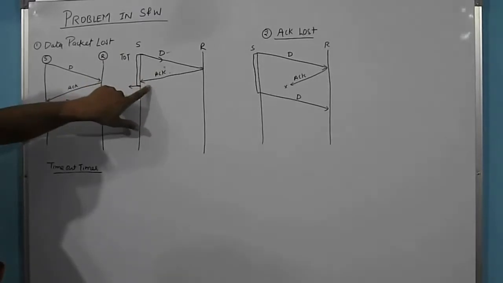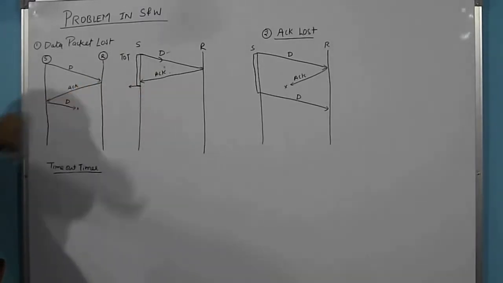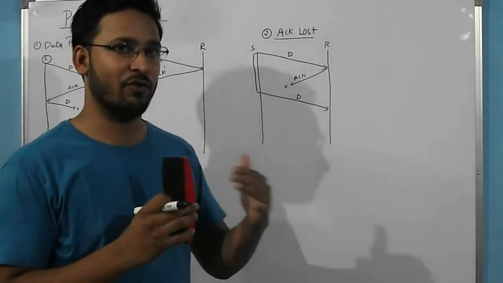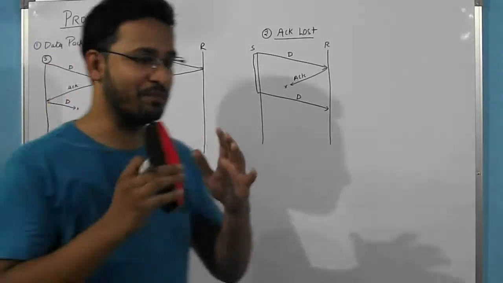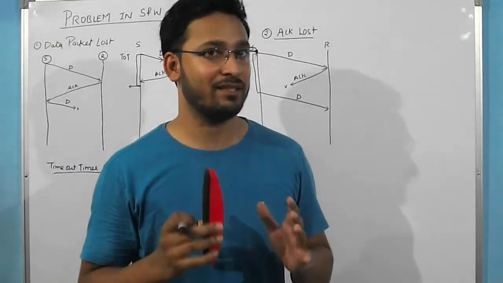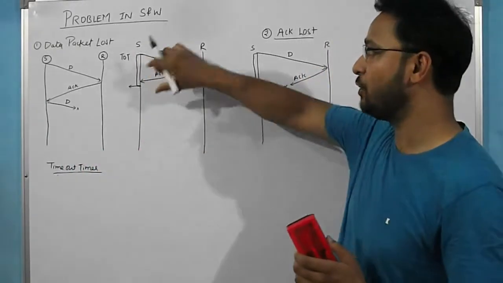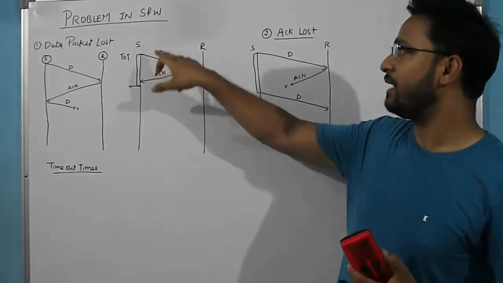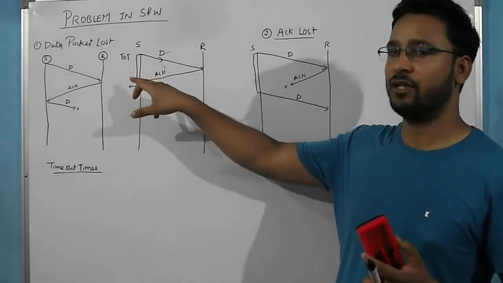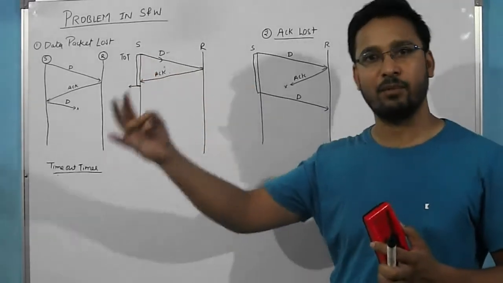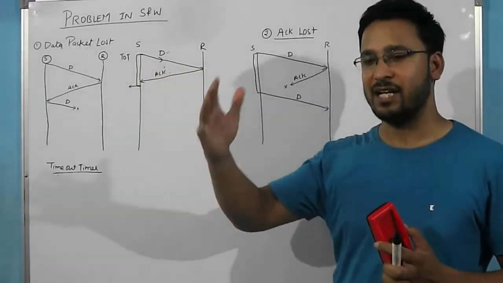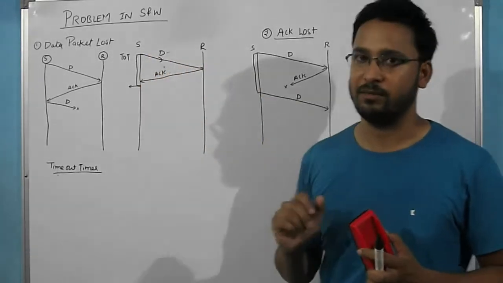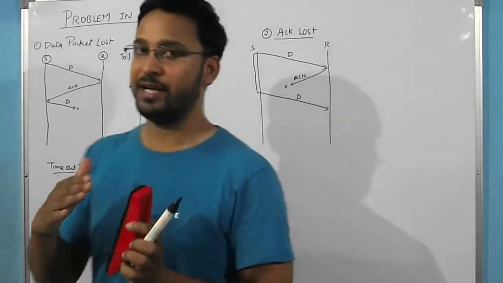Sender receives this acknowledgement packet before the timeout timer expires. So sender must receive the acknowledgement before the timeout timer expires. The point is the timeout timer must be greater than the total time. Means time to send the data packet, put the data packet into the link, means transmission time plus propagation time. Means transmission time plus round trip time, means propagation time of data packet and propagation time of acknowledgement. The timeout timer must be greater than this total time period.